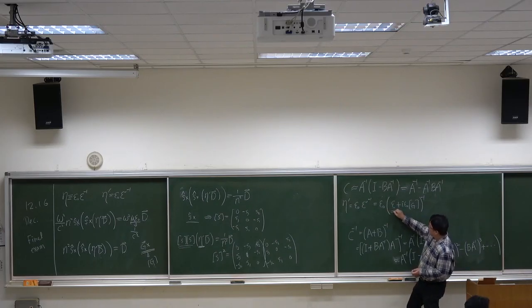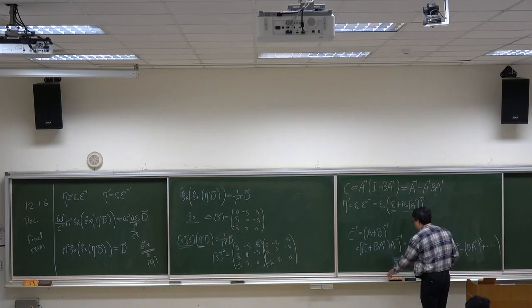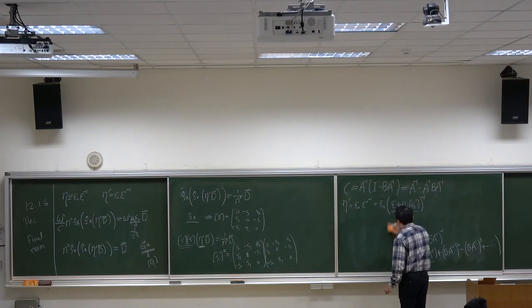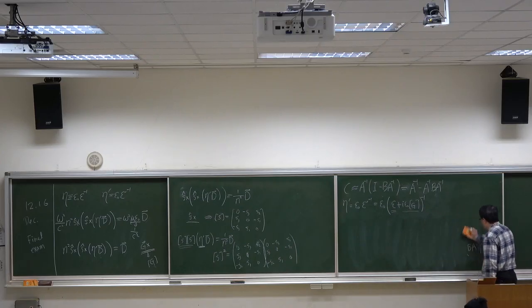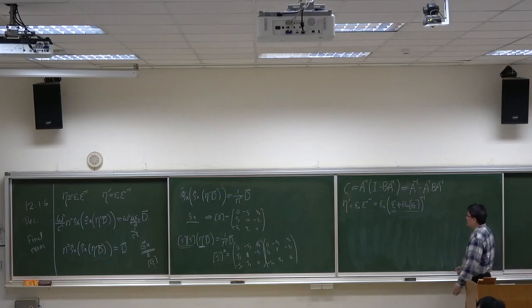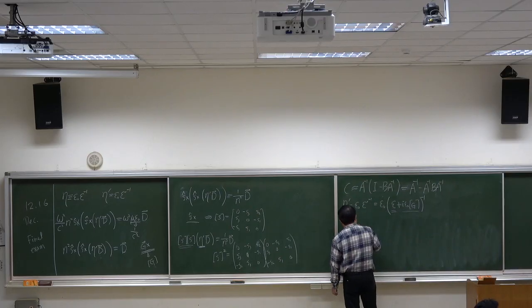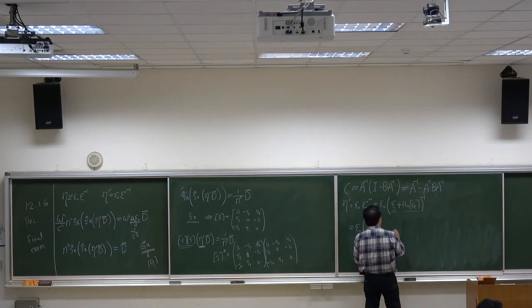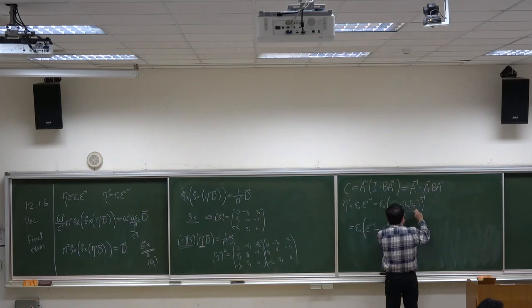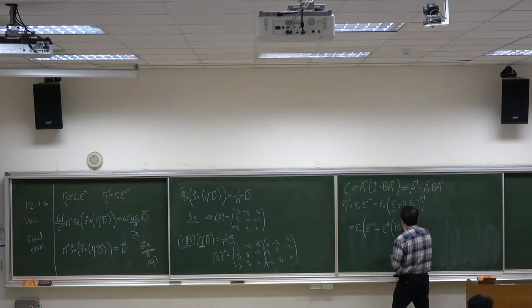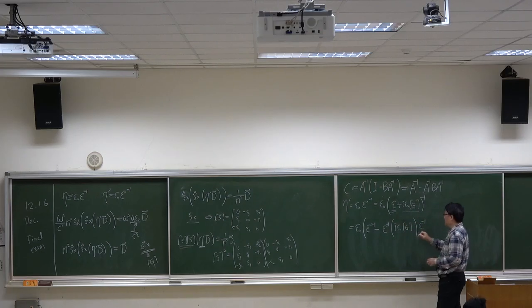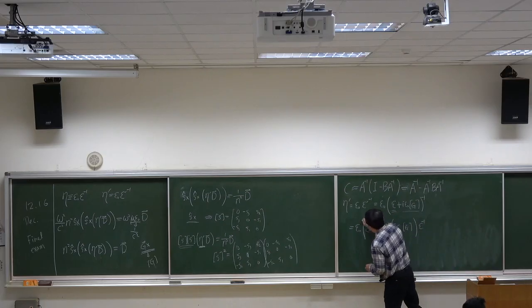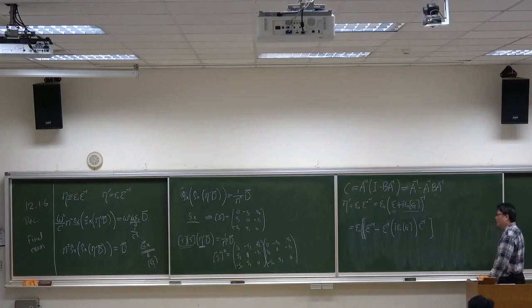And you can treat this as A, this as B, then this becomes epsilon 0 times epsilon inverse minus epsilon inverse times I epsilon 0 G epsilon inverse. This one. Okay?